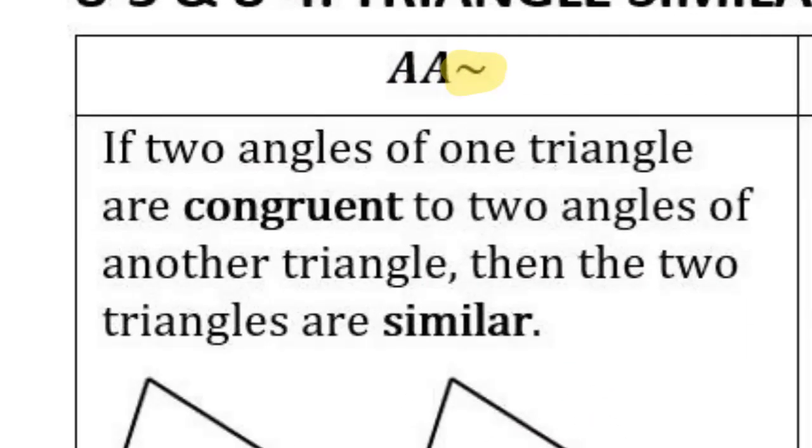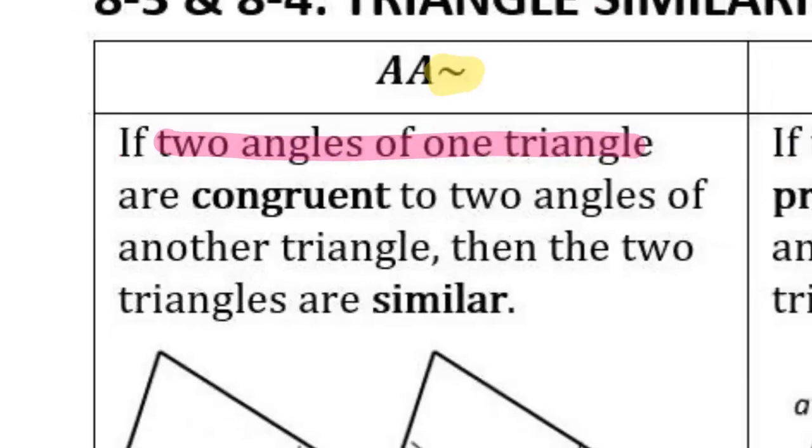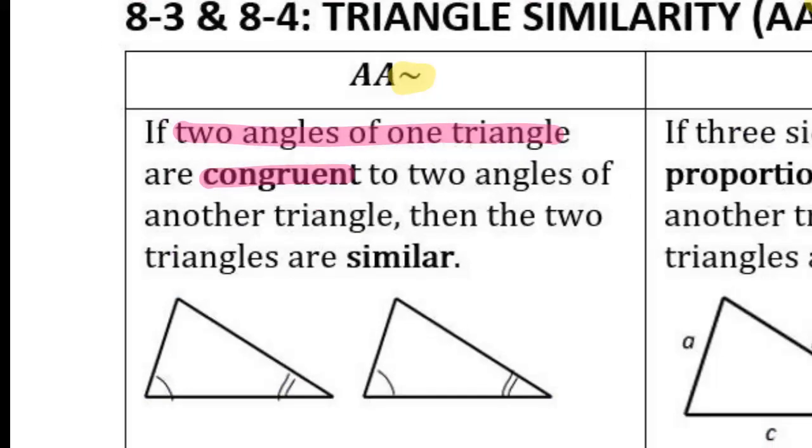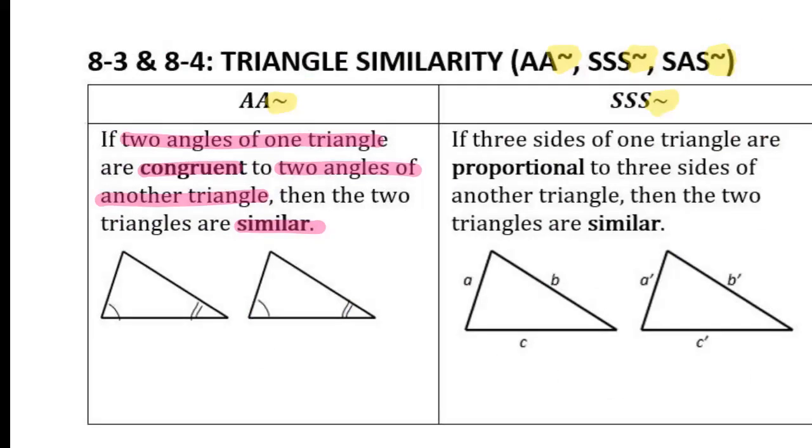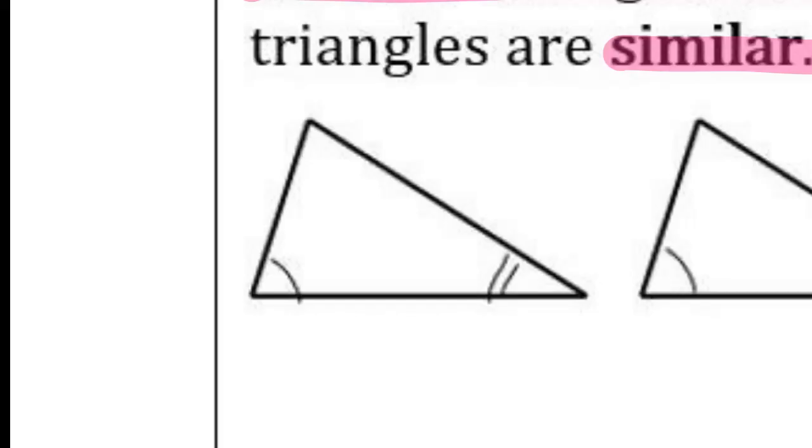So for angle, angle, similarity, if two angles of one triangle are congruent to two angles of another triangle, then the two triangles are similar. So in this picture, I'm going to come in and label these angles.